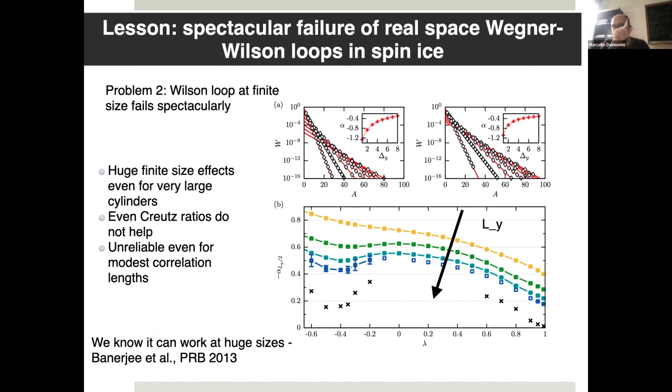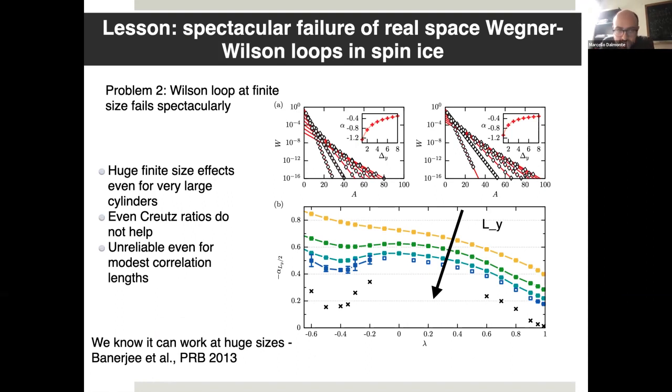This is a study of the Wilson loop, very similar to the observable that was looked at in the experiment. We realized that looking at this Wilson loop in real space, which is natural, also in the context we were working in, is actually extremely misleading, because it can give you very unreliable information, okay?